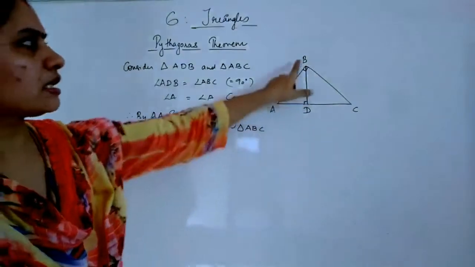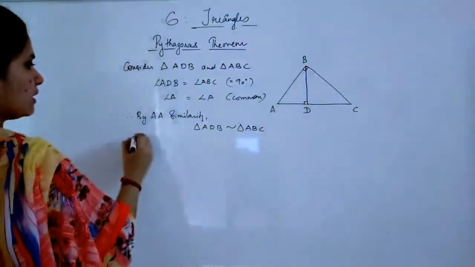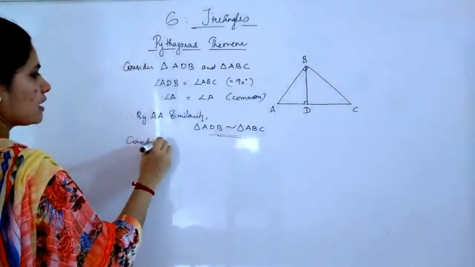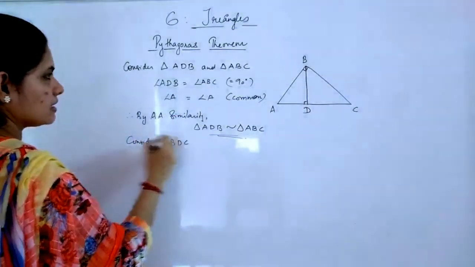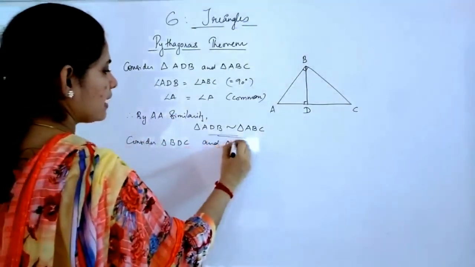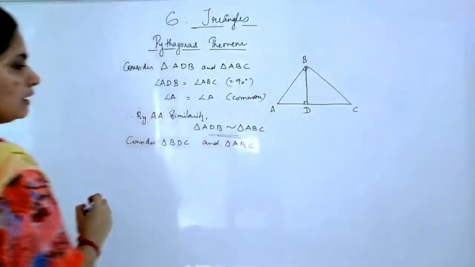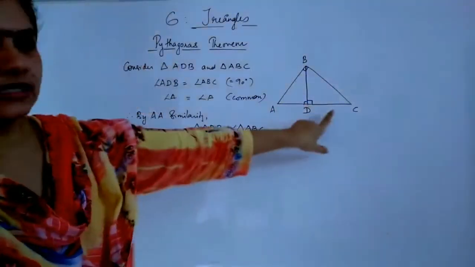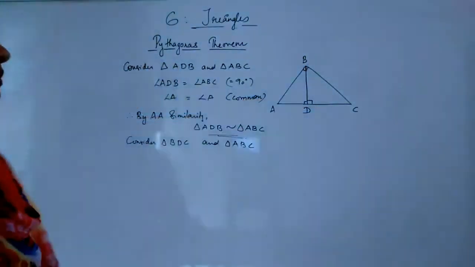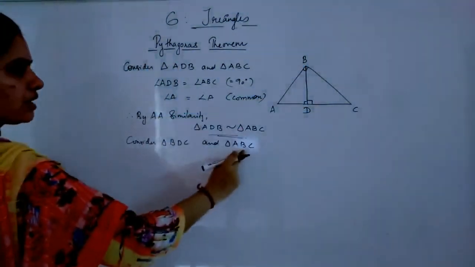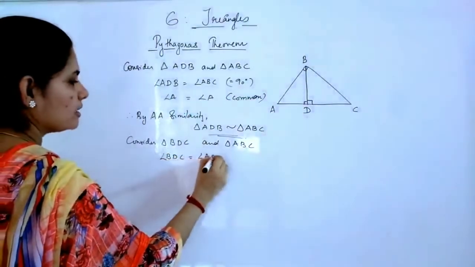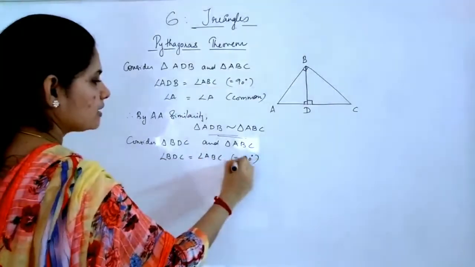Again, if you are considering BDC, one thing you got. Now we are considering triangle BDC and triangle ABC. Here at D you have 90 degree in this triangle, and angle B is 90 degree in the other triangle. So angle BDC is equal to angle ABC, both are 90 degree.